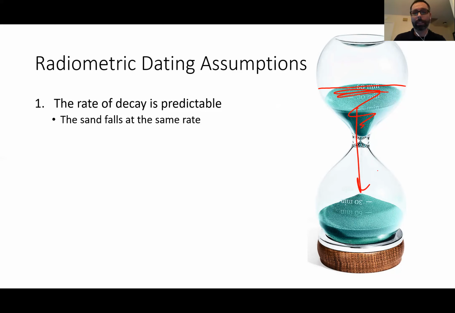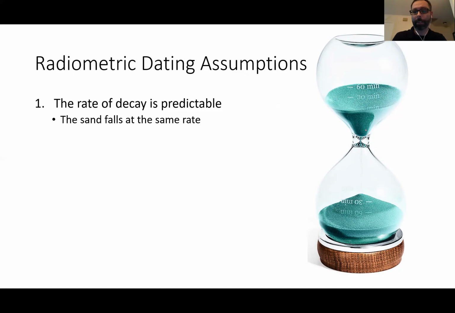But then for whatever reason, on Wednesday, you come back and the sand is falling faster than it was before. Again, why would that happen? Hopefully it's not, but if it was falling faster, this would make it seem like time was going faster. The sand would all leave the top earlier and you would think an hour had passed, but it was actually much shorter than an hour.